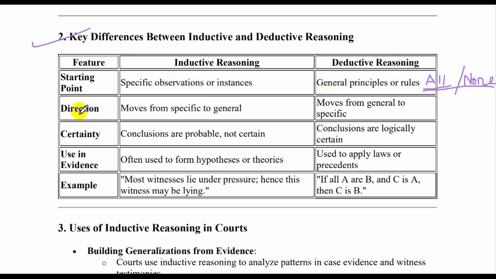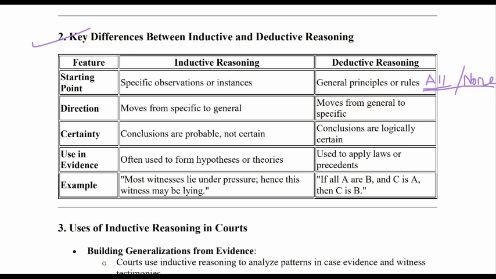What is the direction of inductive reasoning? It moves from specific observation to general proposition or general premise. Whereas deductive reasoning moves from general premises to specific conclusions.